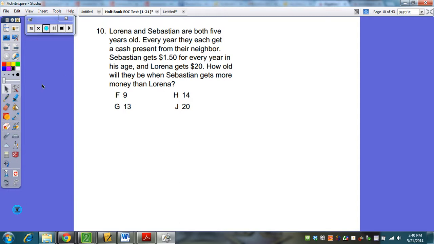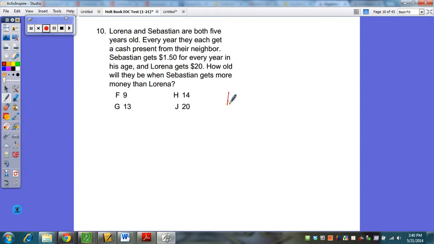So again, we're looking at an inequality here. I want to know how many years old Sebastian will need to be until he actually gets more money than Lorena does.